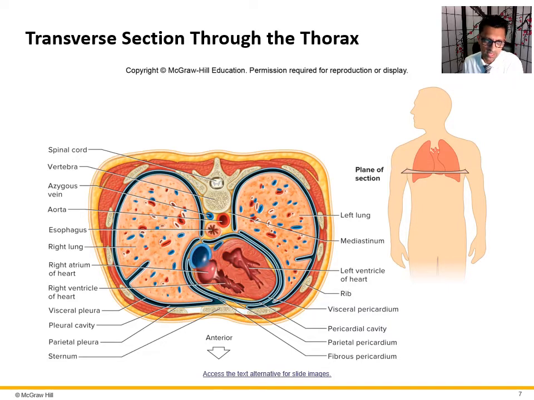Now, in between these layers, like I was mentioning before, you have fluid that will help lubricate and cushion the heart and the lungs. And bacteria and viruses can get in here, and then sometimes they can get inflamed, they can get dried out, so that can be a problem and very painful for a lot of patients.